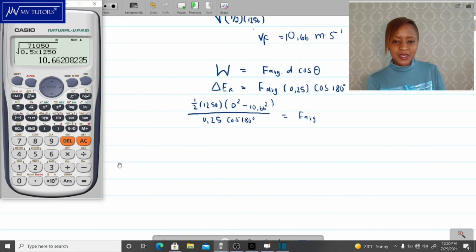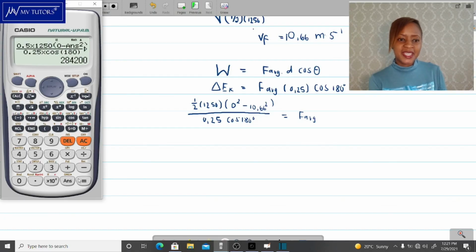So we have 10,66. I have a half times 1250 multiplied by 0 minus the answer squared, and that is all over 0.25 multiplied by cos 180. And our answer is 284,200 newtons.